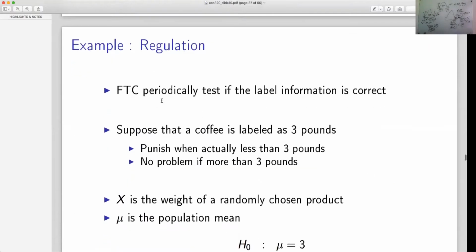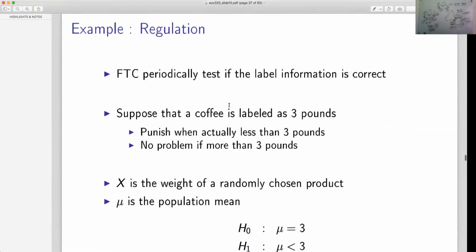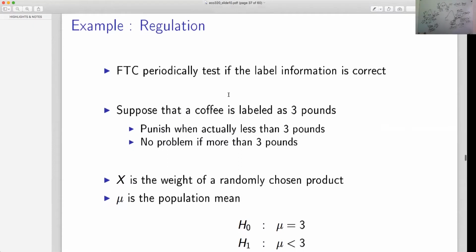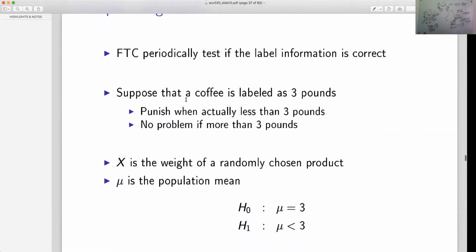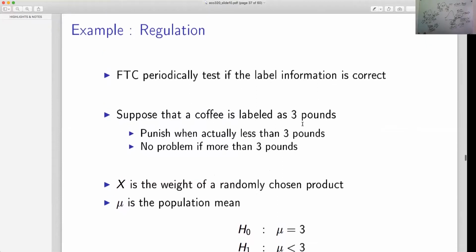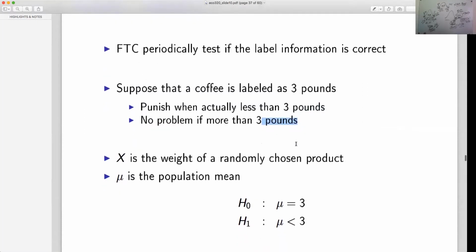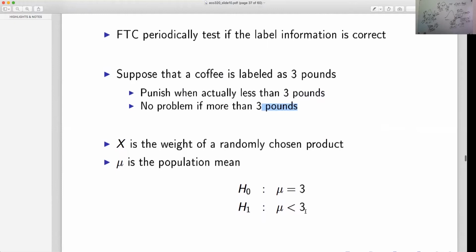Okay, FTC periodically tests. This is another type of continuing example. Suppose that a coffee is labeled as 3 pounds, and the company is punished when it's actually less than 3 pounds, but there is no problem if they give you more. Based on this, we reject the null hypothesis if it is less than 3.